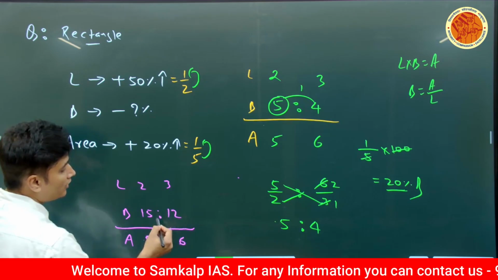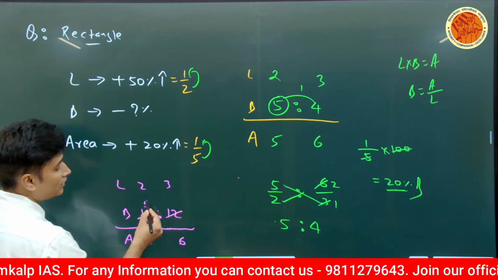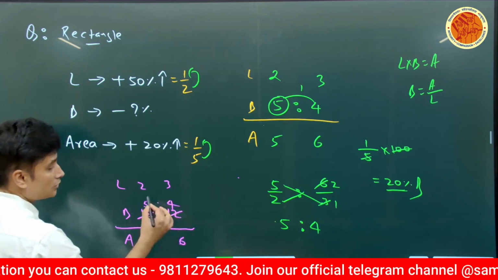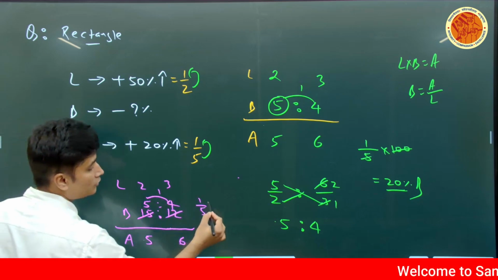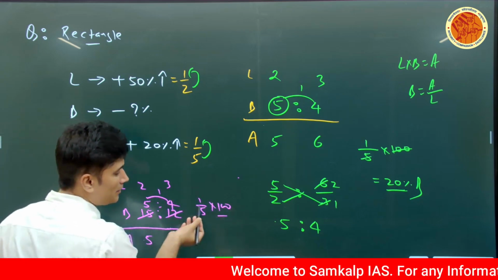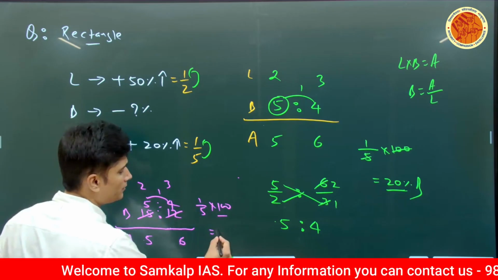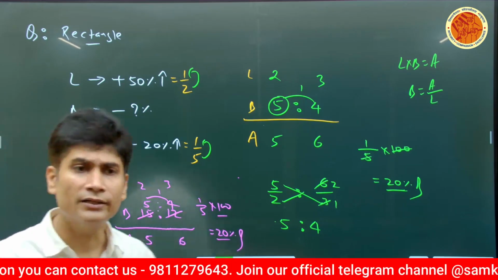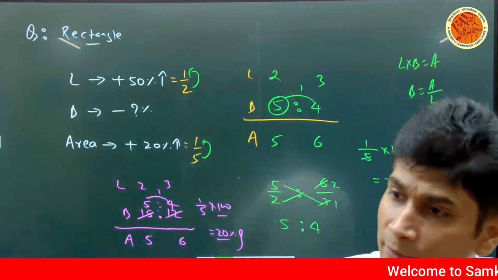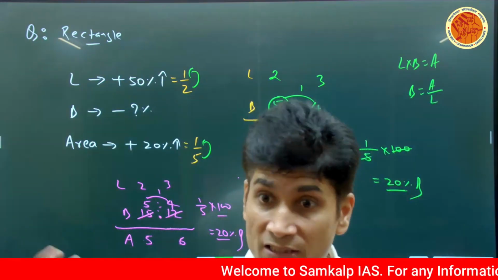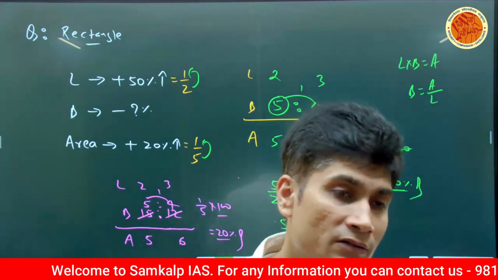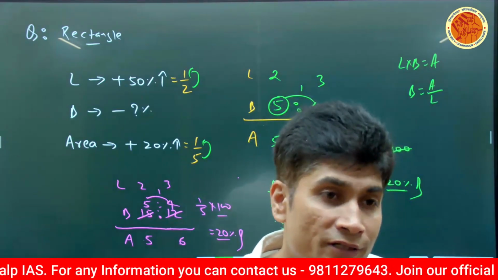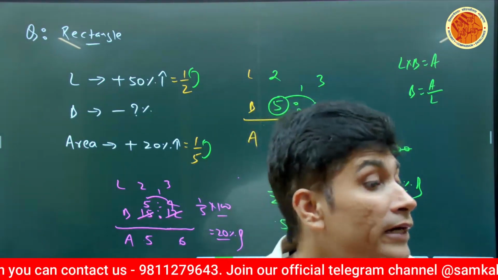Write down 15 and 12. So 5 is to 4, so 1 unit less over 5, and no need to multiply because 1 upon 5 you already know is 20%. After some time we don't need to use this again and again. Understood? Relationship was direct, multiplication got inversed, and that is showing the result for B, how B had decreased.